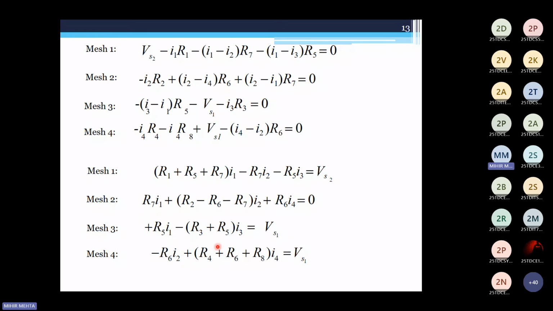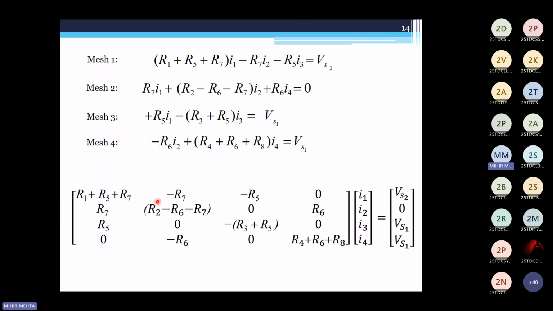Once you do this, you'll have the I1, I2, I3, I4 terms on the left hand side, whereas on the right hand side of the equal sign, you'll have the voltage sources. Once this is done, you can place this in the form of a matrix like this.